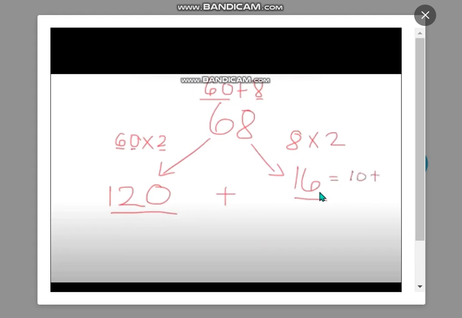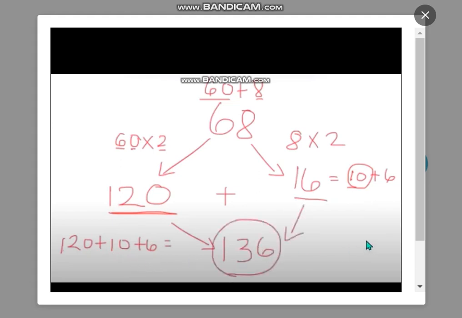So 16 will be 10 plus 6, so that it will be easier for you to add. 120, okay, plus 10 plus 6. Now we know that 120 plus 10 is 130, plus 6 equals 136. So this is more than 100.